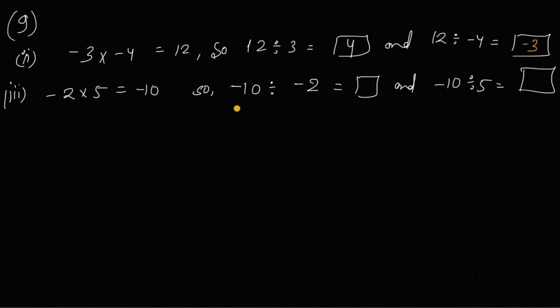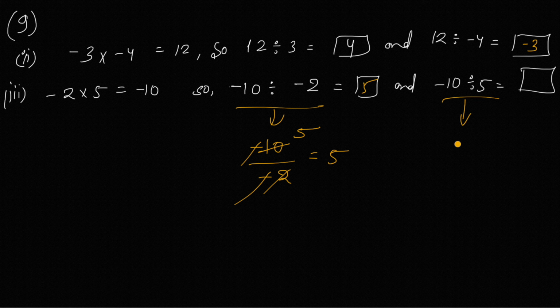Okay, here you can write this as minus 10 divided by minus 2, or you can say minus minus will cancel out, and 2 times 5 will give you 10, so it is 5. And here you can write like this, minus 10 divided by 5. 5 times 2 is 10 and there is a negative, so it is minus 2.